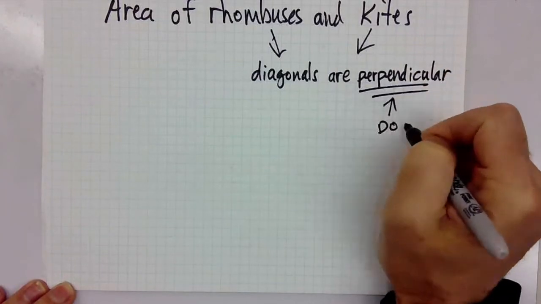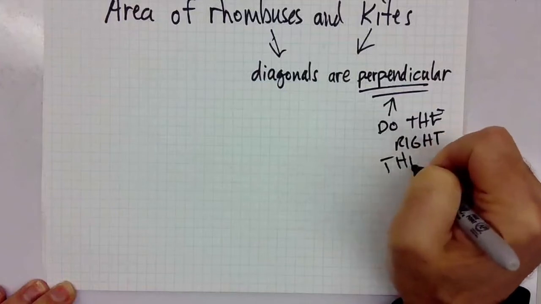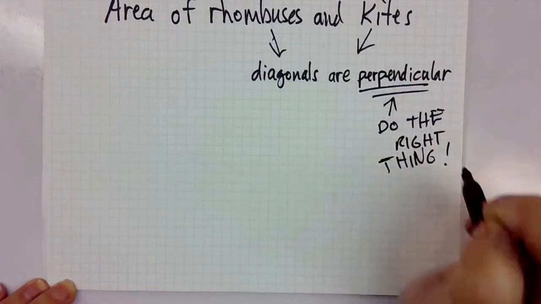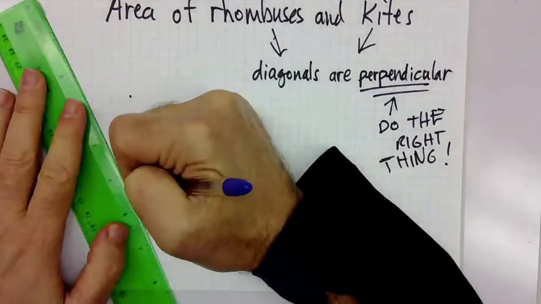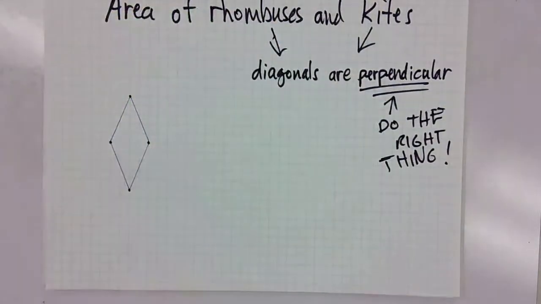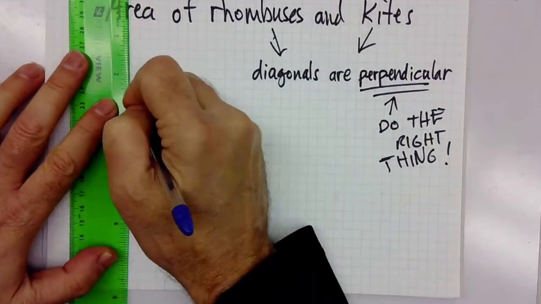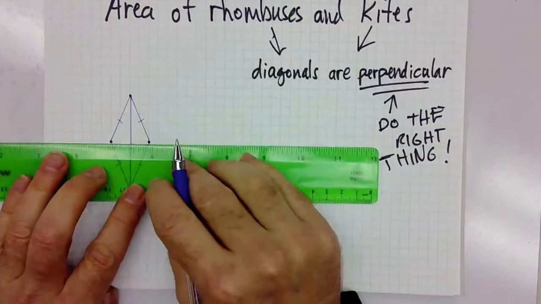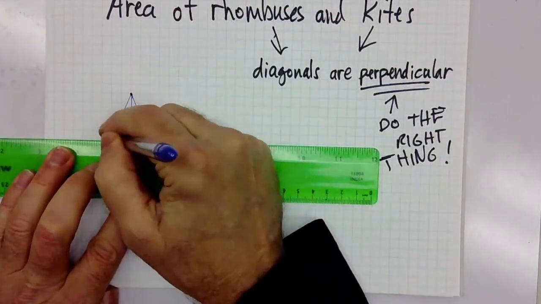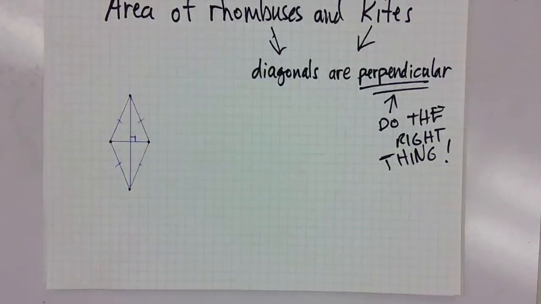Because we can do the right thing. So here's a rhombus. And notice that this rhombus has no right angles. Because of this property, that the diagonals of a rhombus are perpendicular, we can do the right thing just by using our diagonals.